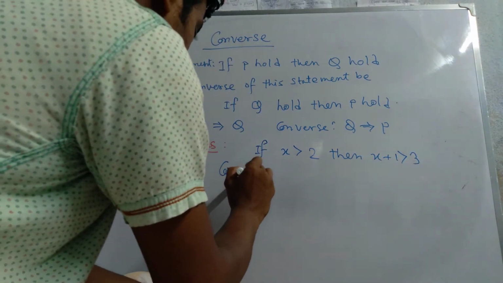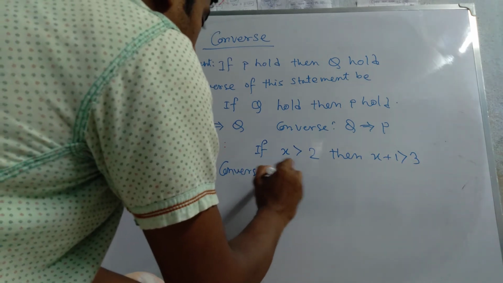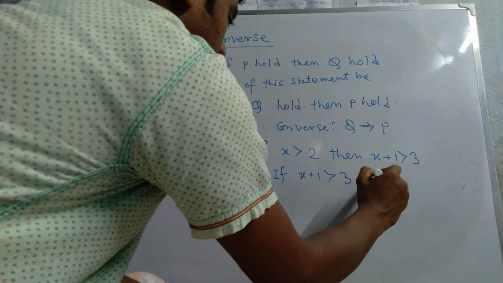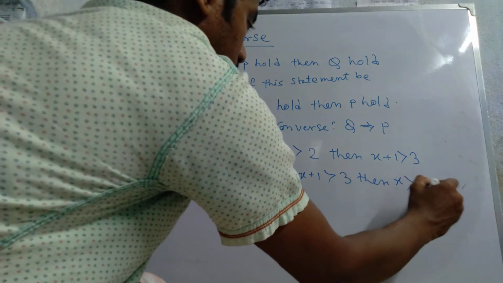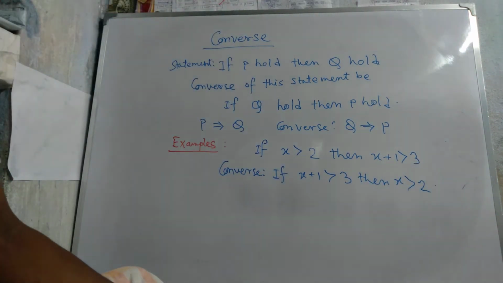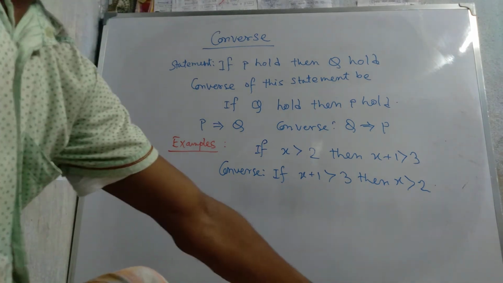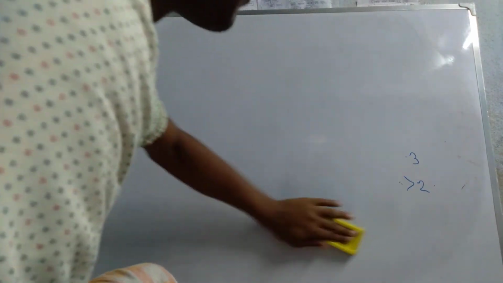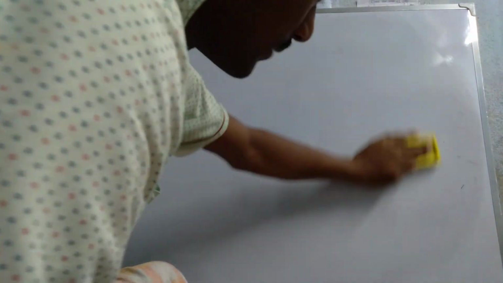The converse is: if x plus 1 greater than 3, then x greater than 2. In this way we know the converse and use it further in mathematical statements or to prove theorems and lemmas. So we now know the converse.